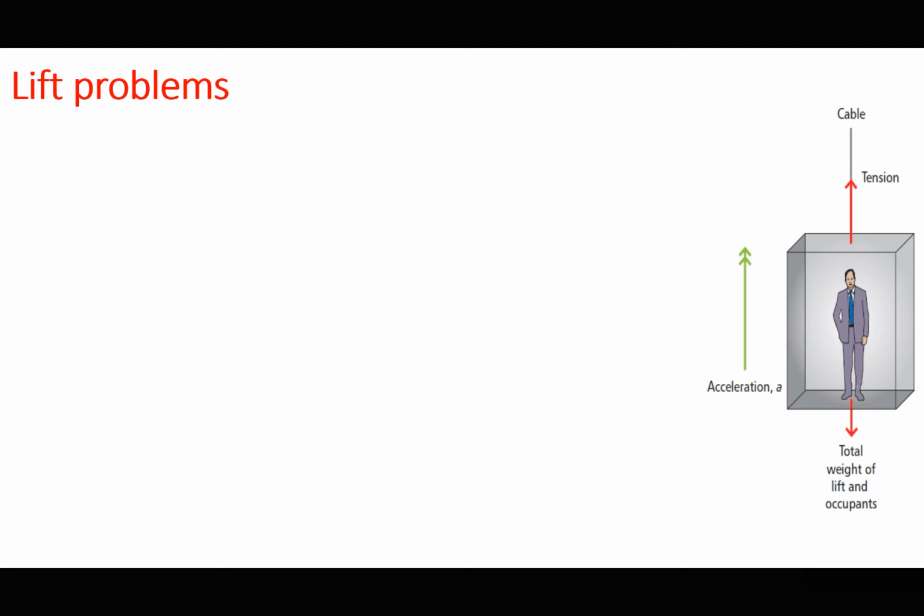We can assume the lift is moving upwards. In that case, the resultant force upwards should be greater than the total weight downwards. So if the tension in the cables is T, then the resultant force must be T minus the weight downwards, which is going to be mg, where mg is the total weight of the lift and occupants.